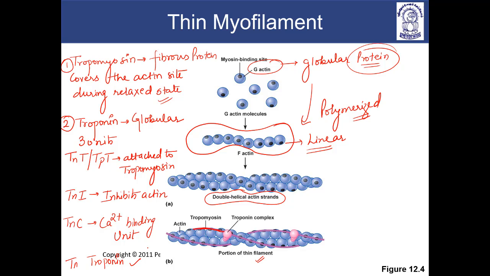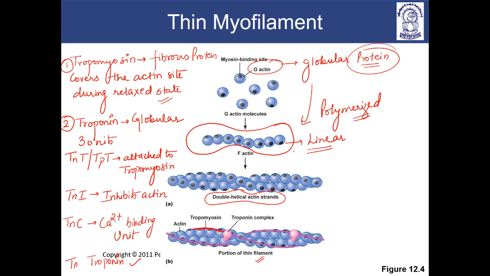Understood? So F-actin is basically linear. It is having two chains which are fibrous. Tropomyosin is also a fibrous protein having two chains, which covers the actin site during the relaxed state, and troponin is a globular protein which is having three units. The G-actin, globular, forms the F-actin.